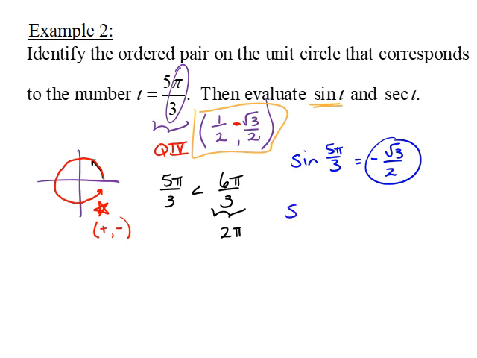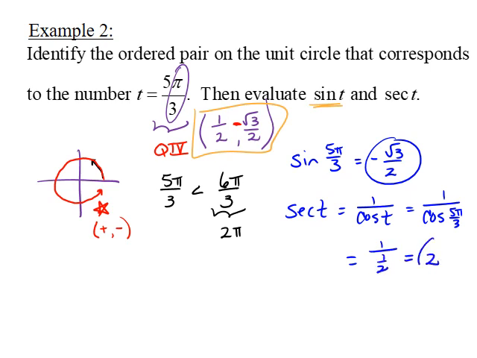Secant, on the other hand, I want to remind you, is the reciprocal of cosine. So 1 over cosine of 5 pi over 3. We should know that cosine of 5 pi over 3, that's the x-coordinate, is 1/2, so it's 1 over 1/2. The reciprocal of 1/2 is 2. So secant of 5 pi over 3 is 2.